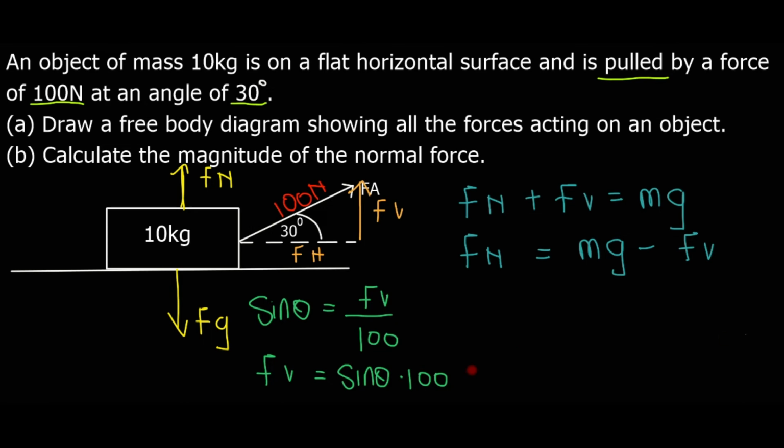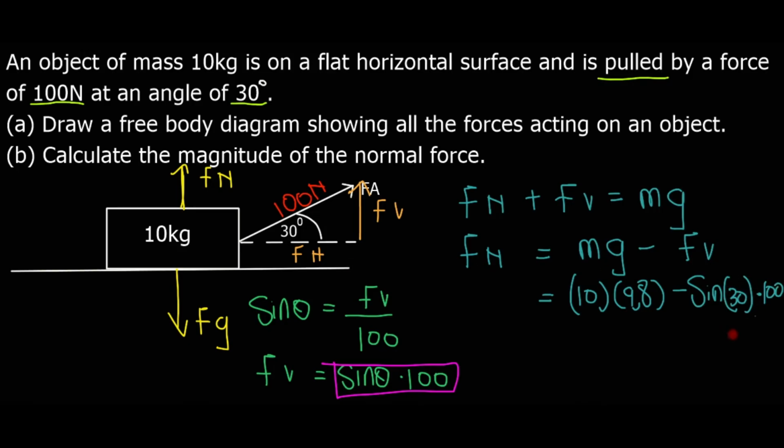So now that I know Fv, I can go there and substitute. For mg, the mass is 10, and our g is 9.8, and then minus Fv, which is sin theta times 100, and our theta is 30 degrees, times 100.